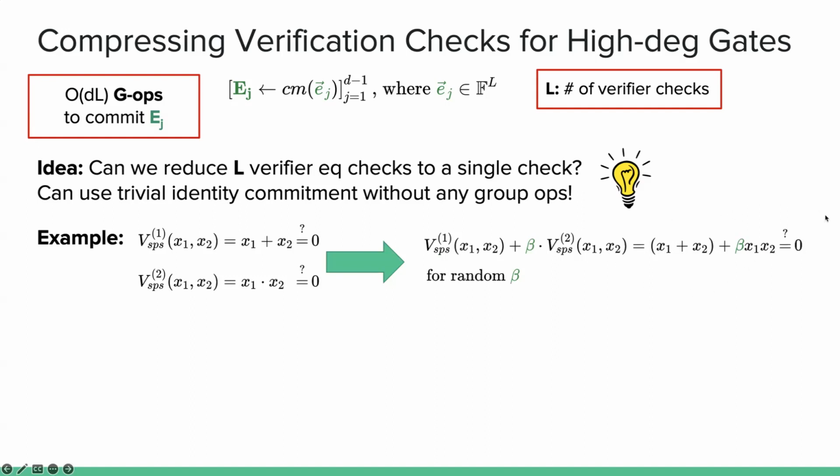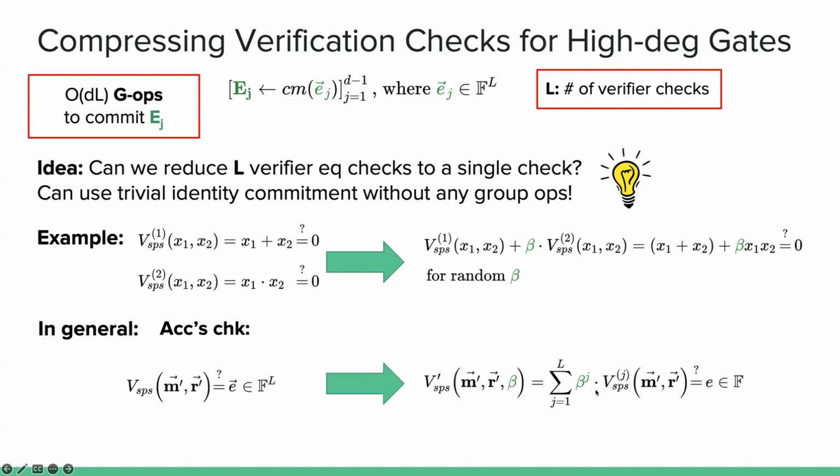And it's just a single equation check over the inputs x1, x2, and beta. And more generally, suppose we have L equations over the inputs. We can merge them using the power of beta. Well, beta is a newly introduced variable that is random. Okay. And now even if before there were L different checks, now there's only one check being done by the verifier.